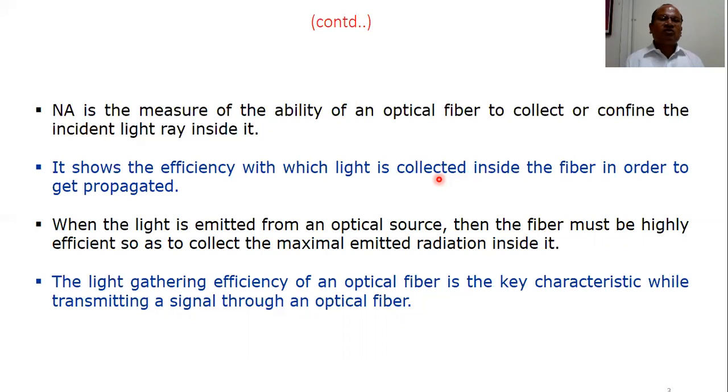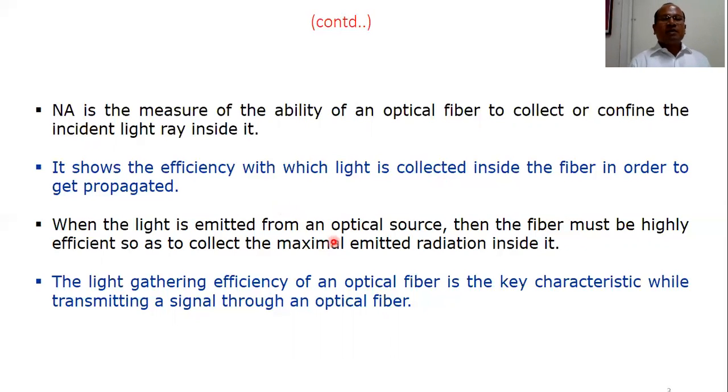You can collect any amount of light, but the significant amount of light which gets propagated is because it meets the requirement of TIR. So that much light and that much span, that angle, is called the acceptance angle. So therefore NA is also an efficiency: how efficient the system is, how much the light is getting collected and then getting propagated finally.